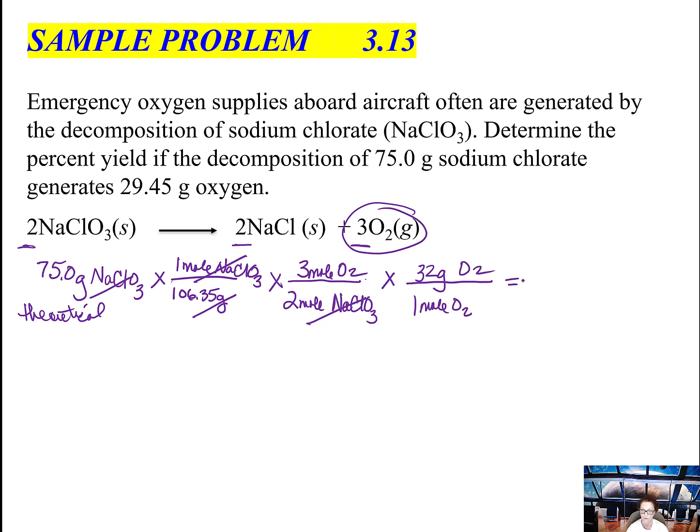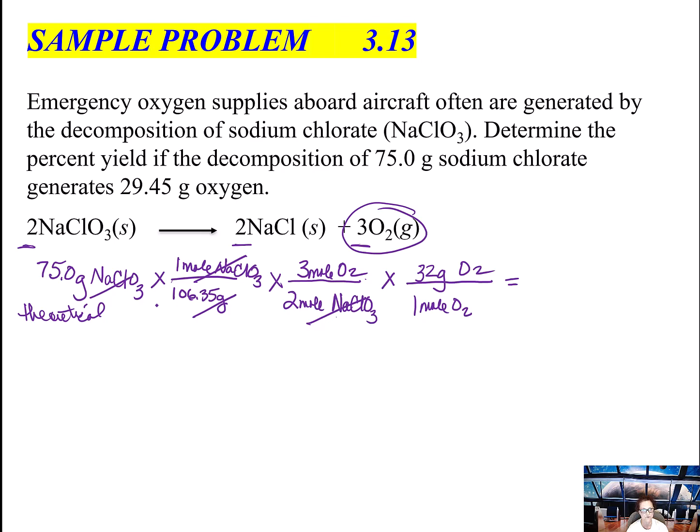All right, now I want to bring this up while it's on my mind. You've got 106.35 and 2 moles on the bottom. When I tell you to do 75 times 3 times 32, enter, then you're going to divide, you're either going to divide by putting 106.35 times 2 in parentheses, or you can divide by 106.35 equals, and then divided by 2 equals.